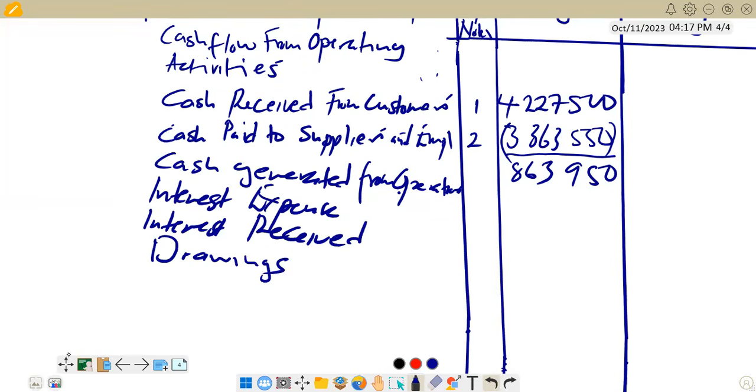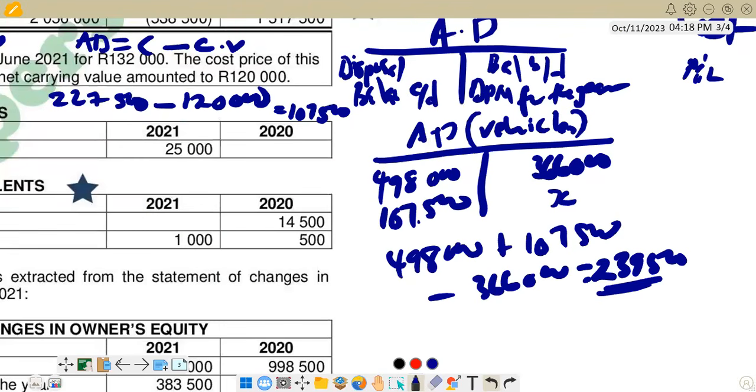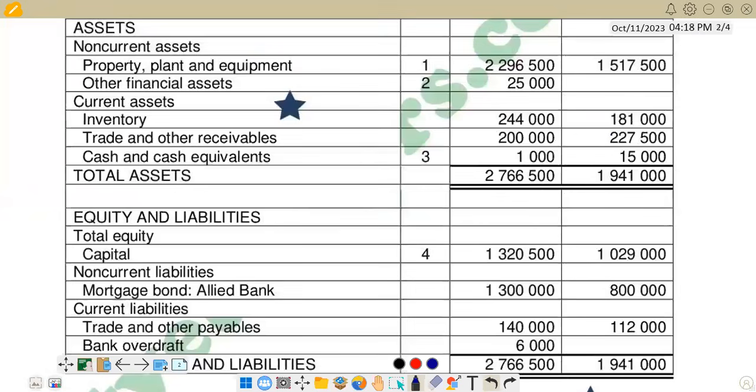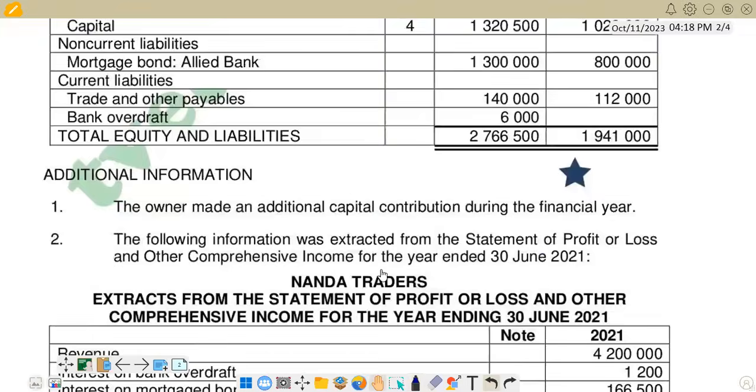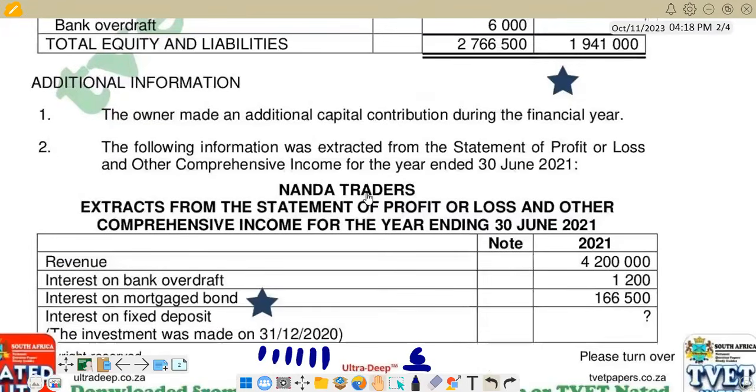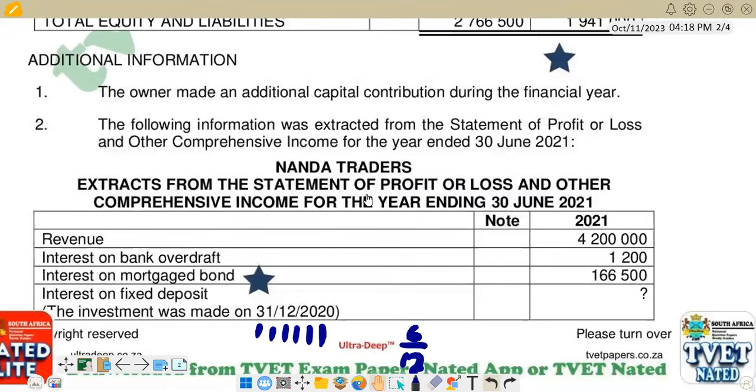Let's go back to check the figure for interest expense. Interest expense, we have 1,200 plus 166,500. Both of them are interest. This is interest on bank overdraft, and then we've got interest on mortgage loan.